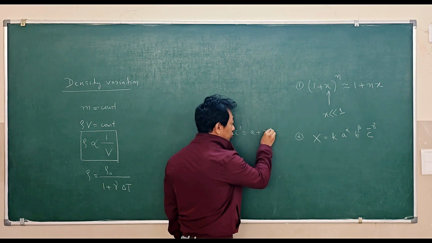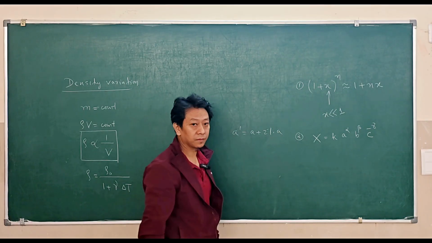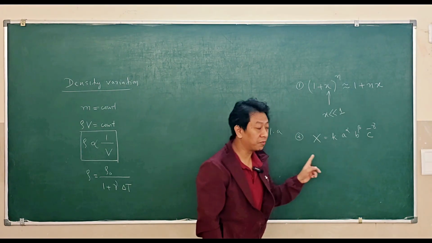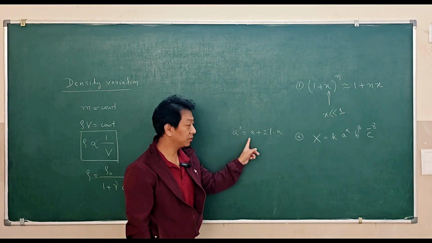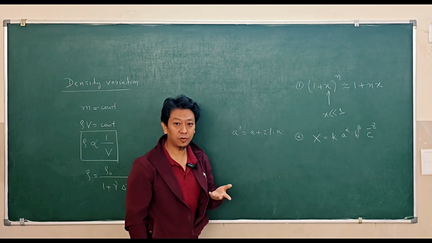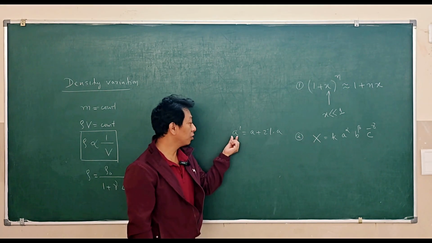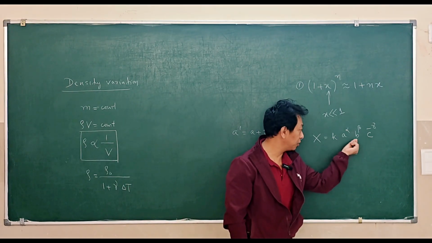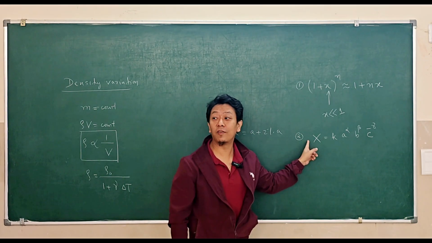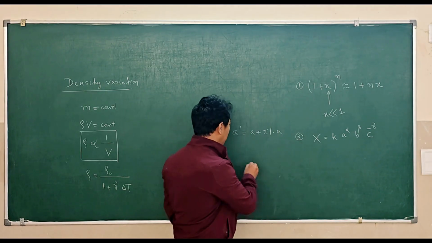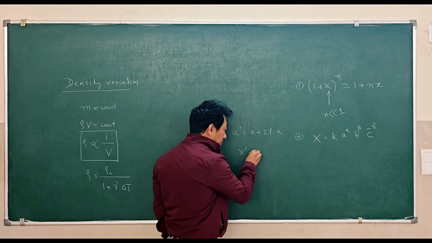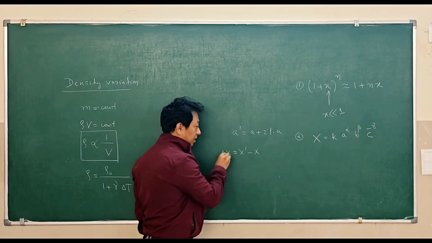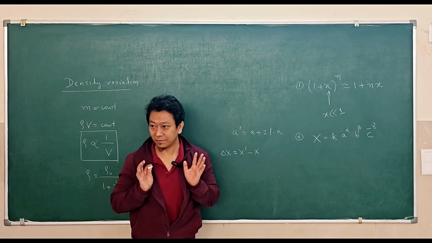Old value plus 2% of a. So if they give you changes in a, b, c, you can find final value of a this way. Once you know final values of a, b, c, substitute here and calculate final value of x. Then calculate final value of x minus initial value of x. That will be what? Change in x. That is the proper way.